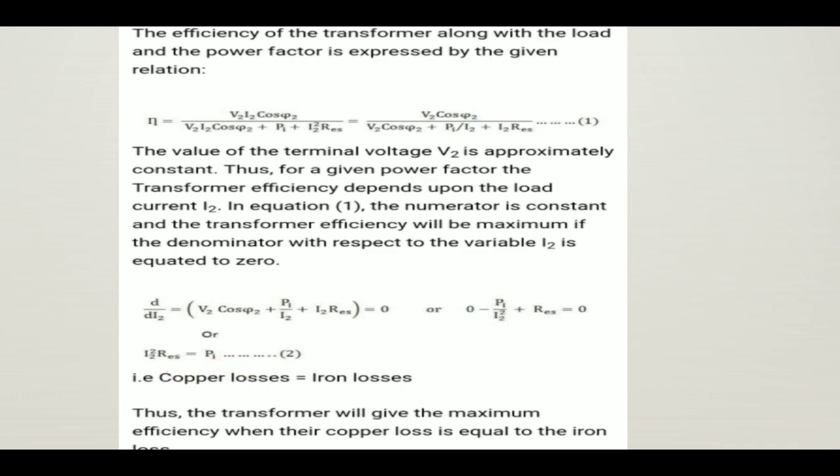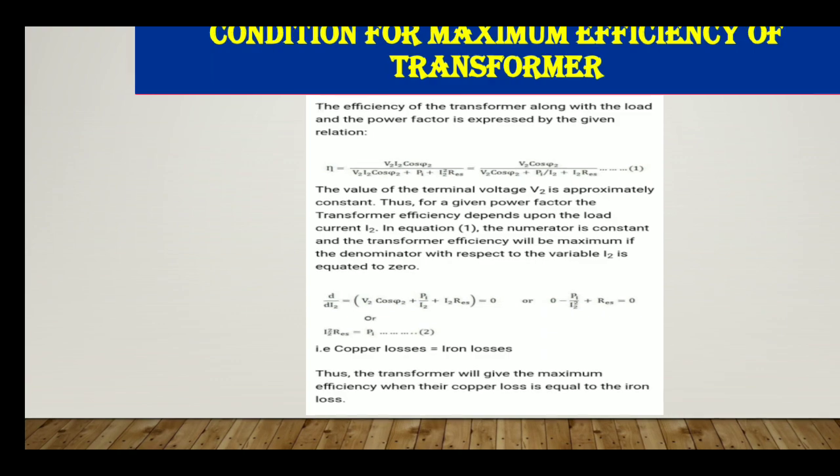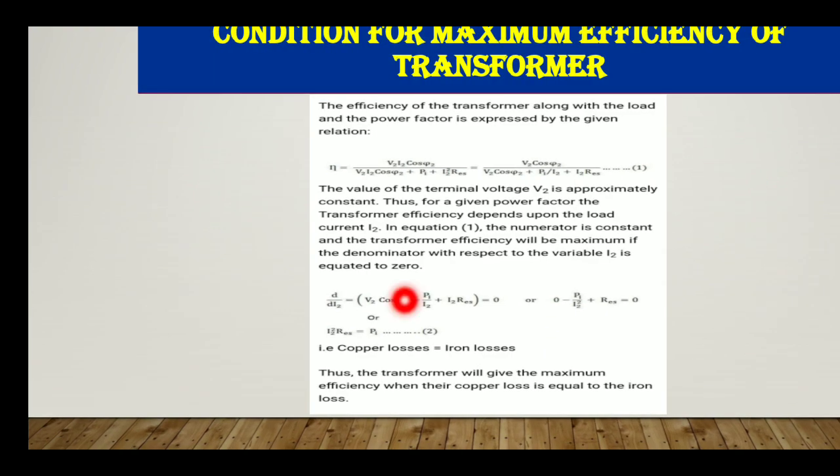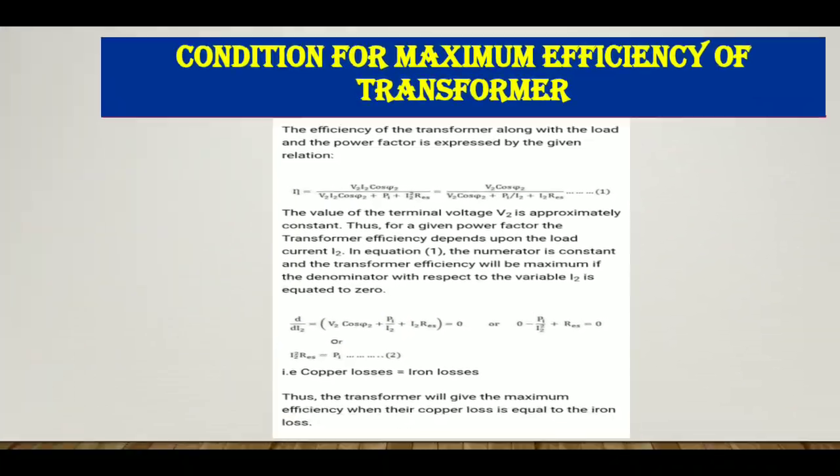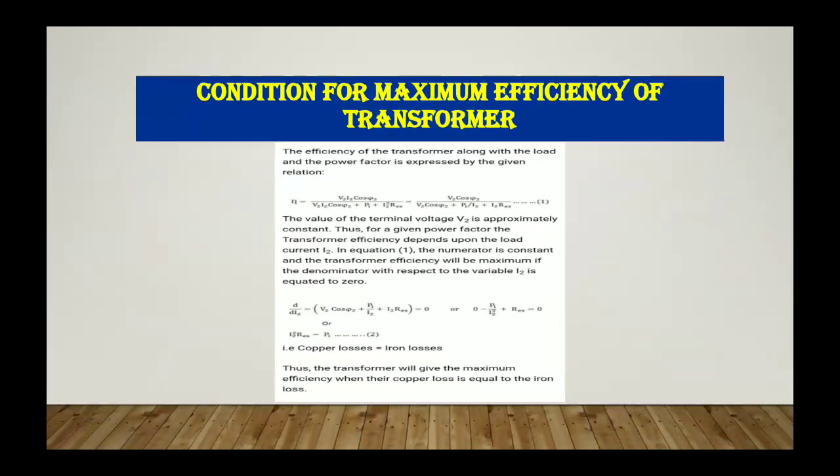That means when the copper loss equals the iron loss, or the full load copper loss and iron loss are equal, then we can get the maximum efficiency of a transformer. Actually, we know that the iron loss is a constant loss, so it cannot be changed.